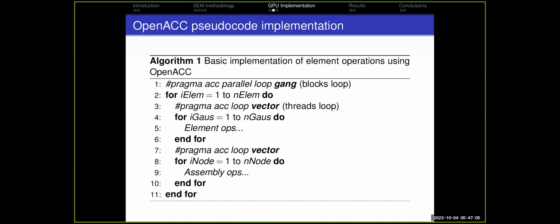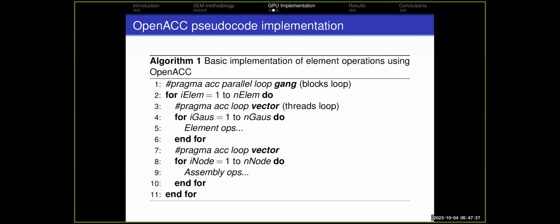The ILM loop, which is just the elemental loop, is carried out on the OpenACC gang directive, or essentially associating with the thread block. And the Gauss point loop is carried out on an inner ACC loop vector, meaning that we are associating a thread, or more specifically a warp, but I don't want to get into details of this, but essentially each thread of the thread block is computing a Gauss point of the element.